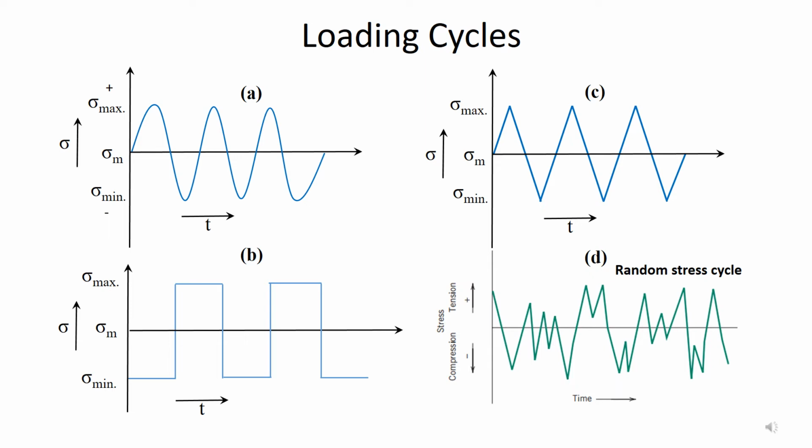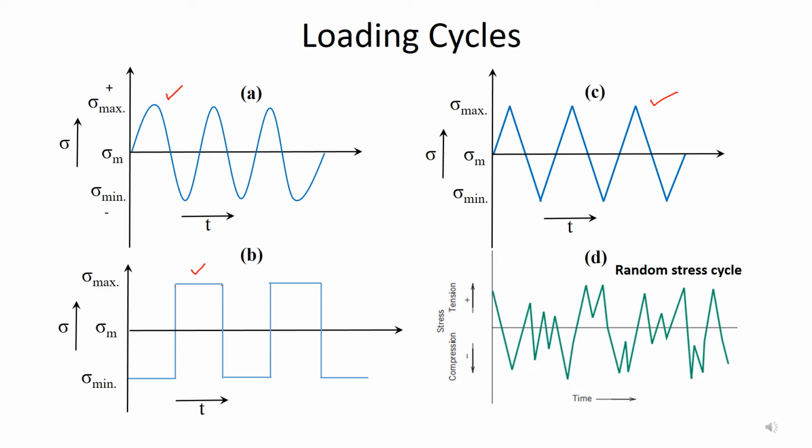It is not mandatory that you apply only the sinusoidal load. You can also apply a triangular load. You can also apply a square wave. In these waves, you can see the time period in which you apply the load actually varies. Likewise, in a square wave, you can also hold the load for some amount of time.